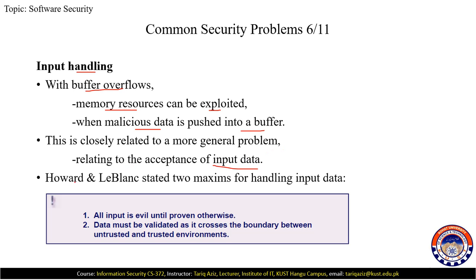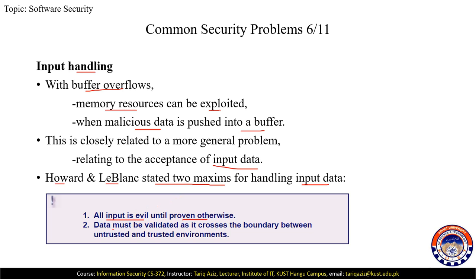So that's why these researchers, one of them is Howard and the other one is LeBlanc, stated two sayings, or we can say two maxims, for handling input data. And what are these sayings? The first one is that all input is evil until it is proven safe.